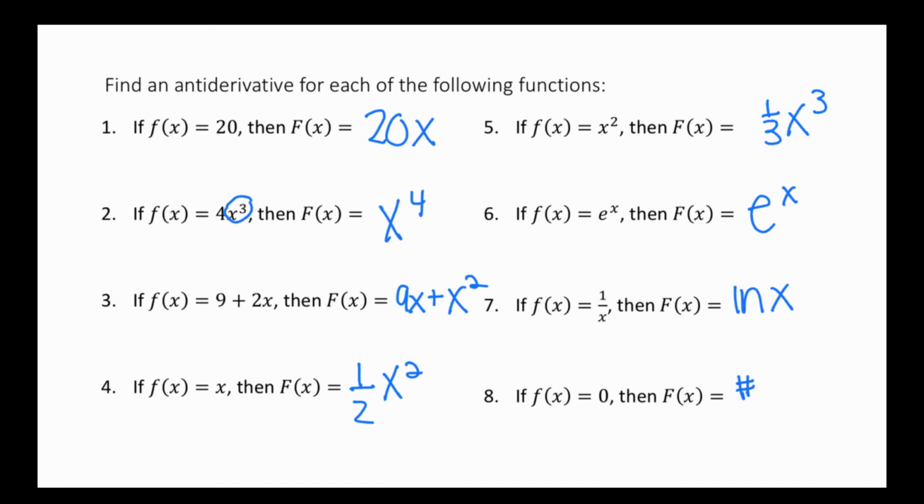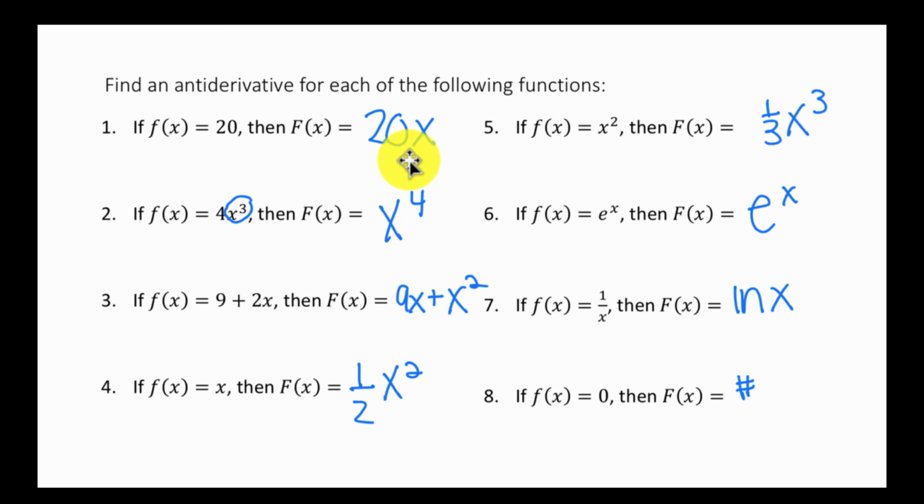So here's some examples of finding the antiderivative. And I'm actually going to show the rules for this in just a second. But one, I think, really helpful thing in this chapter is to remember that since at this point we are more comfortable with derivatives, you can always check your work by taking the derivative. So for example, for 20, the antiderivative is 20x.